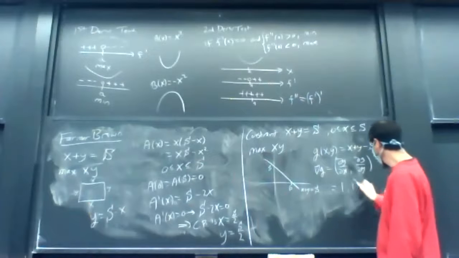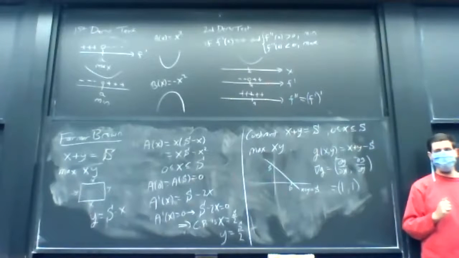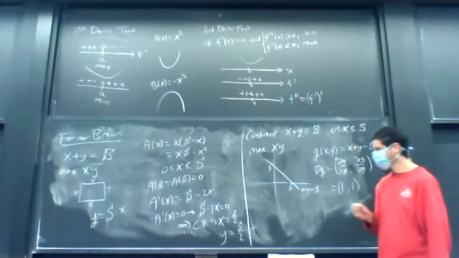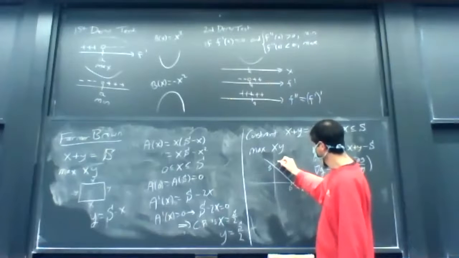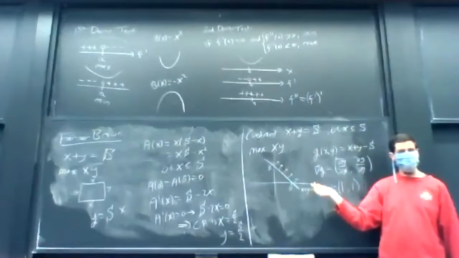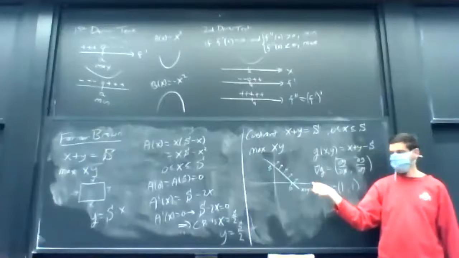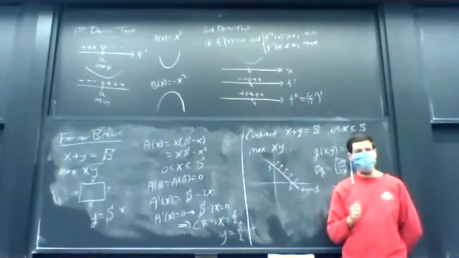So what this is saying is that at every point on this constraint line, the gradient of g is in the direction (1, 1). This line has slope negative 1. If you look at it, the gradient is perpendicular to the line.